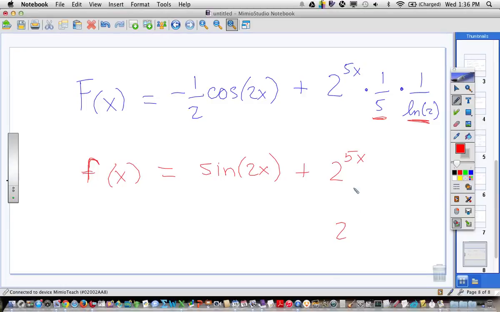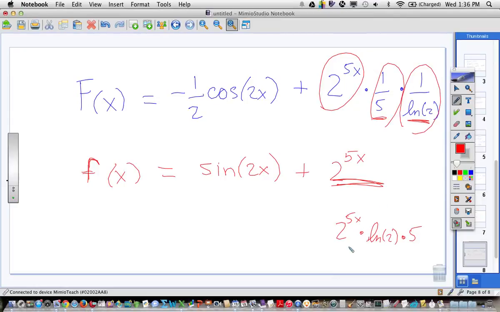So 2 to the 5x, the derivative will be 2 to the 5x. This goes back to Allie's question earlier. The rule says we have to tack on an ln 2, and the other rule says when you've got a 5 on the inside, we have to kick that out. So if I do the derivative of that, I know it's going to be that. Well, I don't have that. Those things aren't there. So what's that mean? That means there must have been something there that made them go away.